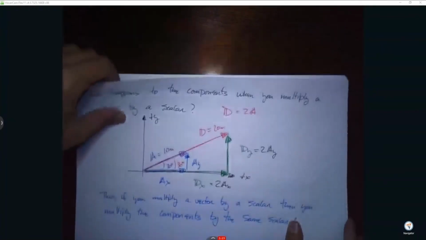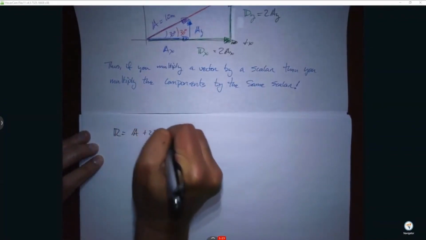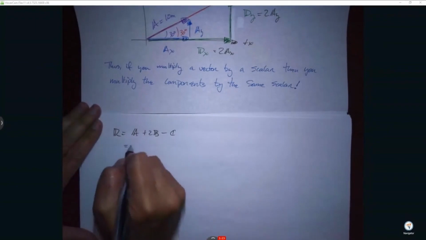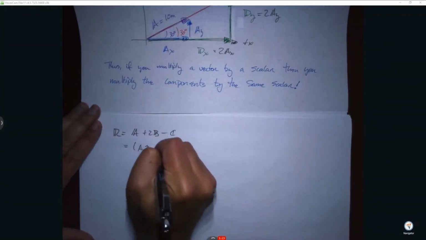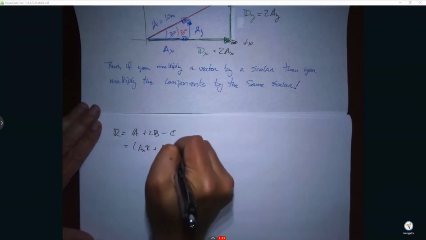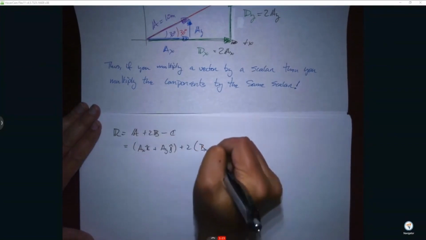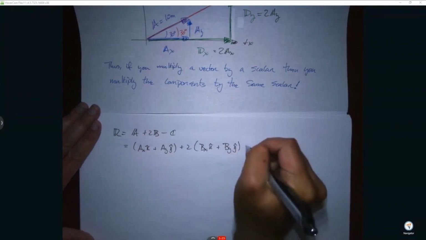All right, and so then if we wanted to go in and calculate, what did we do? A plus 2B minus C. So we want to calculate this, but we want to do it in terms of components. Let me just do x's and y's. So I get Ax in the i hat direction plus Ay in the j hat direction, plus 2 times B, which would be Bx in the i hat plus By in the j hat.